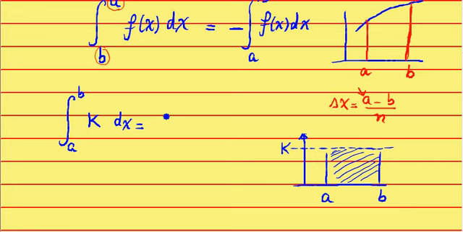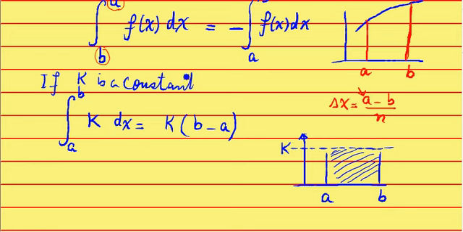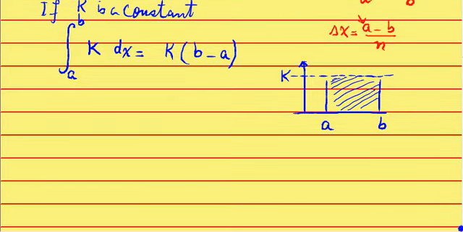That is exactly what you expect: height times the width of the interval. So if k is a constant, then the definite integral of it is simply that constant times the length of the interval on which we are integrating.